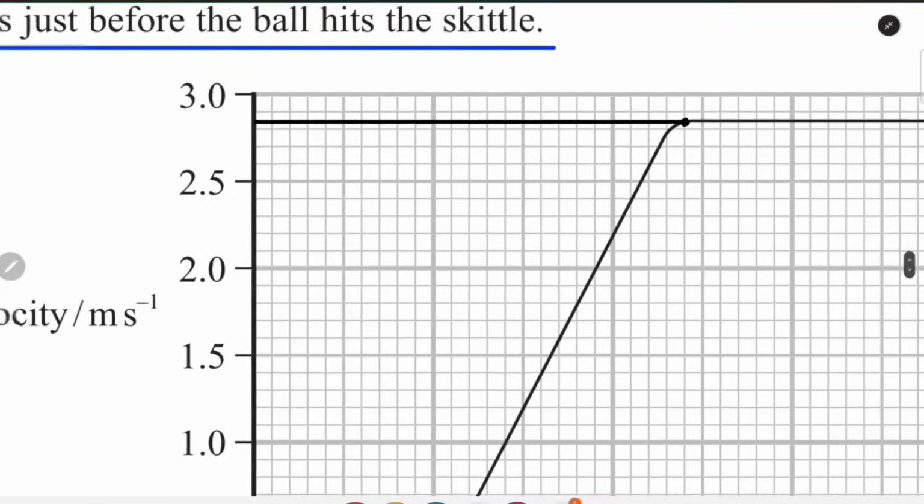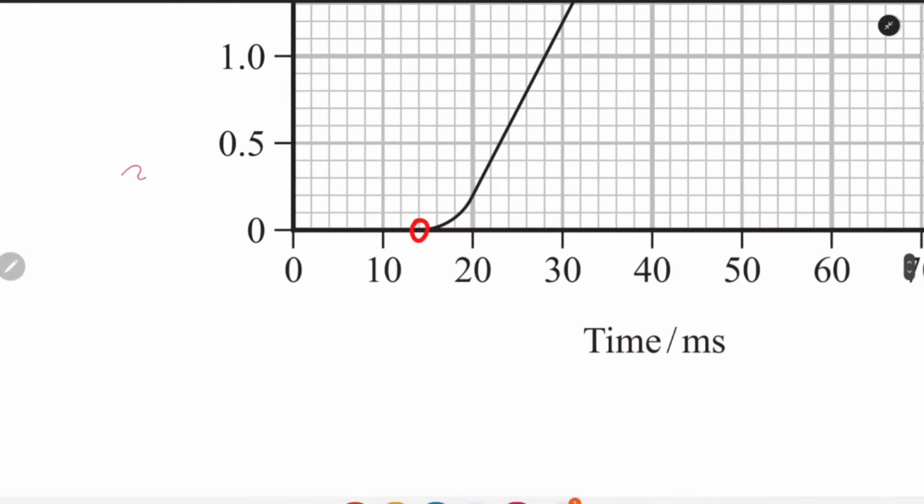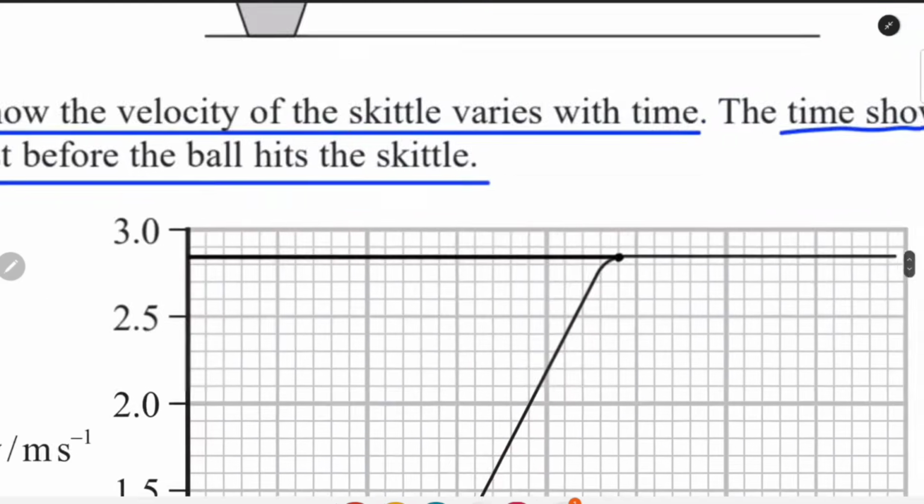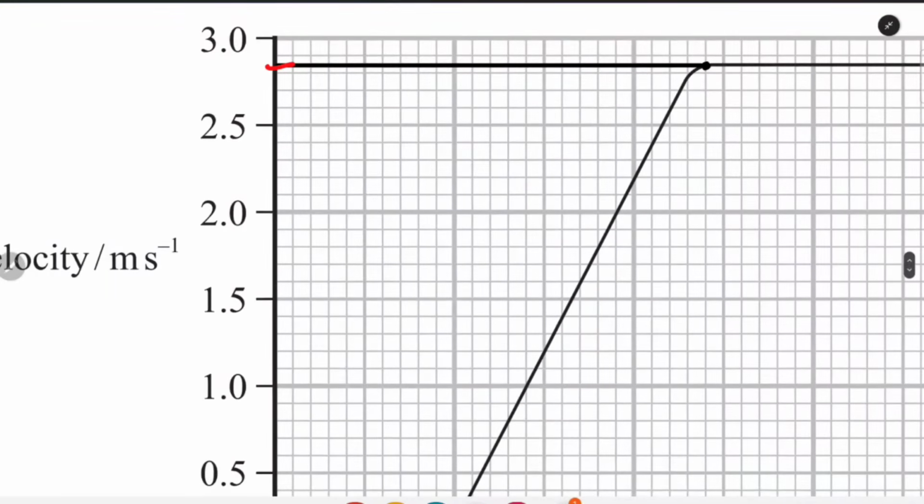Each small box would be 0.5 for 5 boxes, so 0.1 per each box. So this value over here is 2.5, 2.6, 2.7, 2.8, so 2.85.